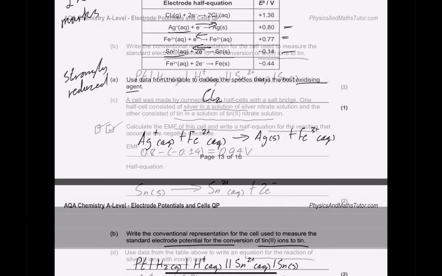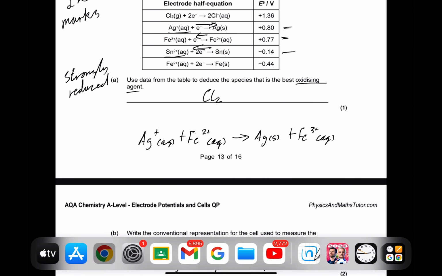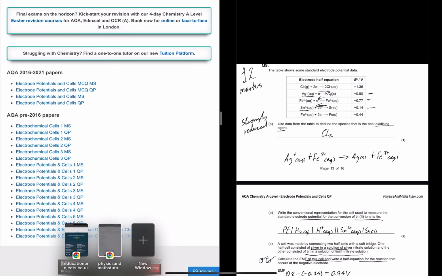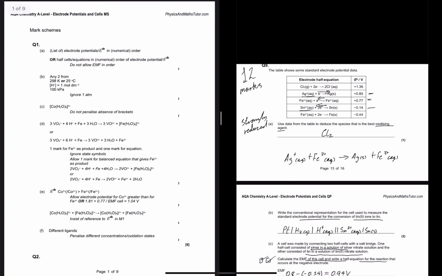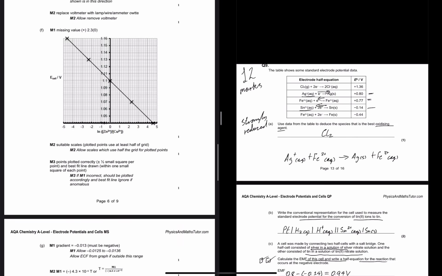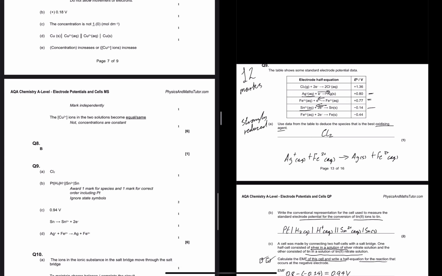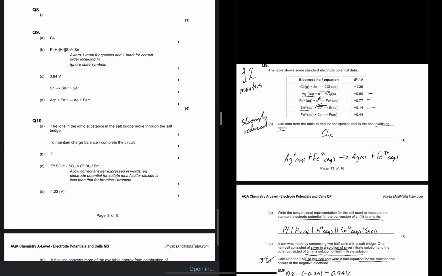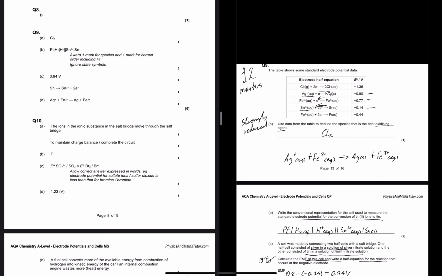Done. Alright, now let's go through the mark scheme here. Okay, so we know that this is going to be CO2. I'm looking at the mark scheme here.